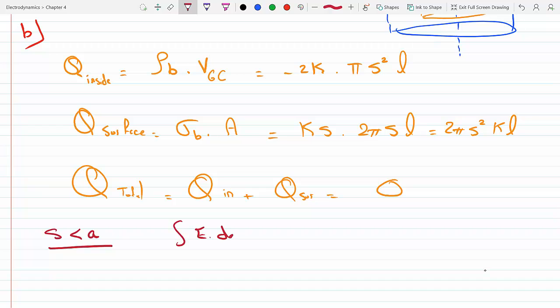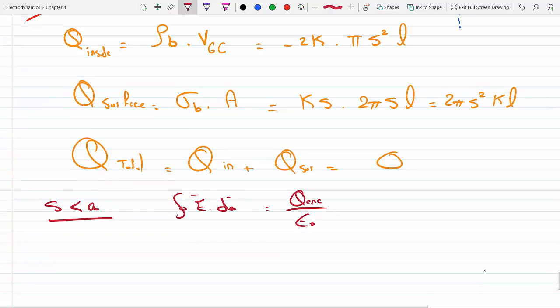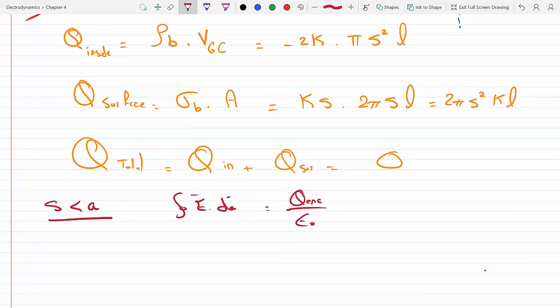The closed integral of E dot dA is equal to Q enclosed over epsilon, and this would be E inside my Gaussian surface times 2 pi SL. Q enclosed, that's the Q inside, is minus 2k pi s squared L over epsilon.